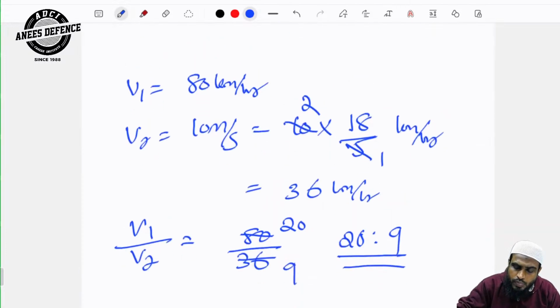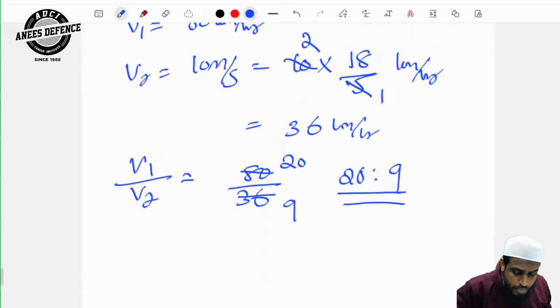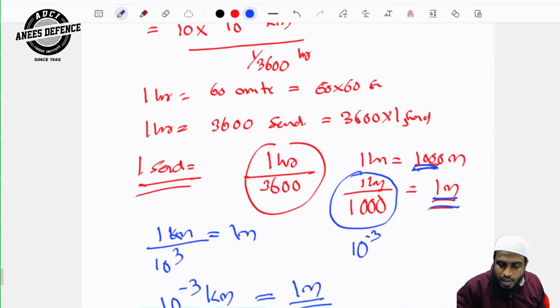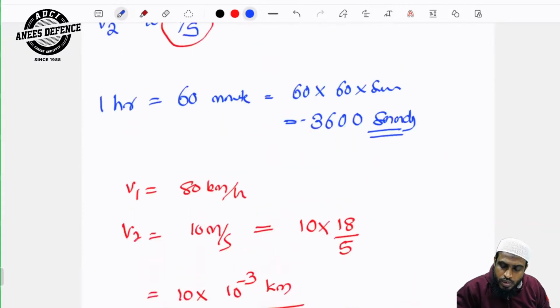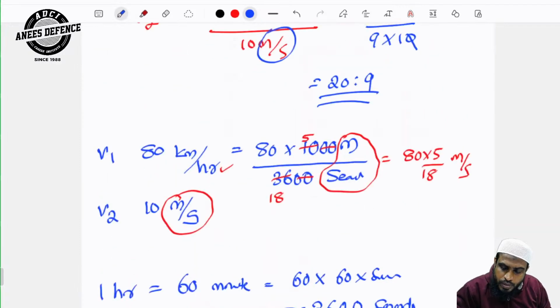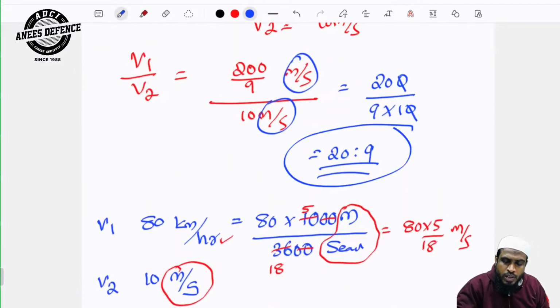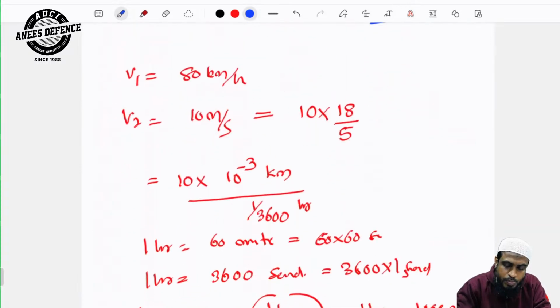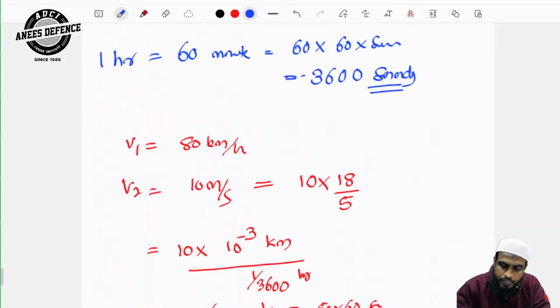Understood? If you are putting in kilometer per hour, no problem. If you are putting in meter per second, that is also no problem. A little bit of calculation will be easy if you convert kilometer per hour into meter per second, because here also we got 20 is to 9. We need not worry about smaller quantities, so it is better to convert kilometer per hour into meter per second.